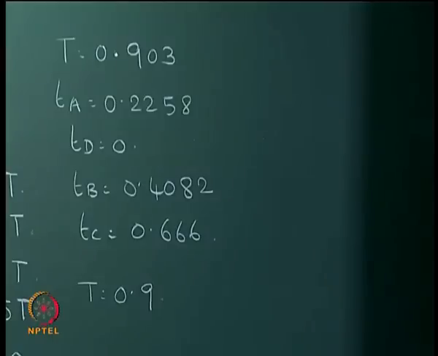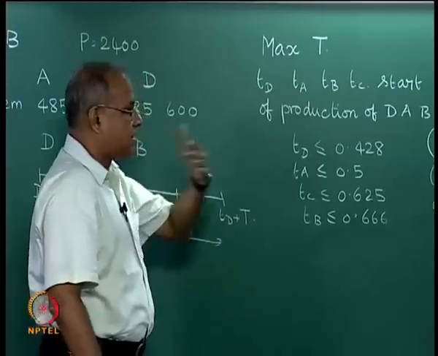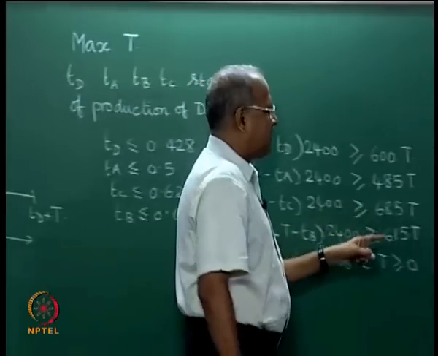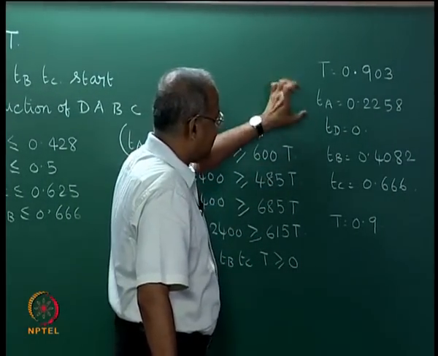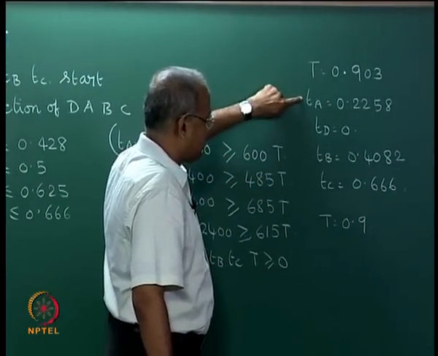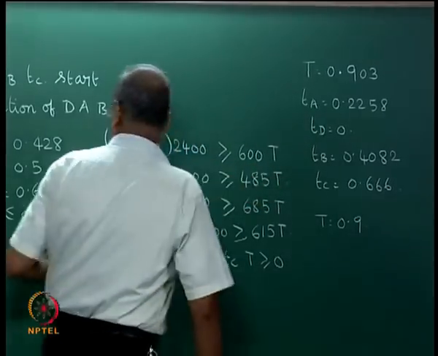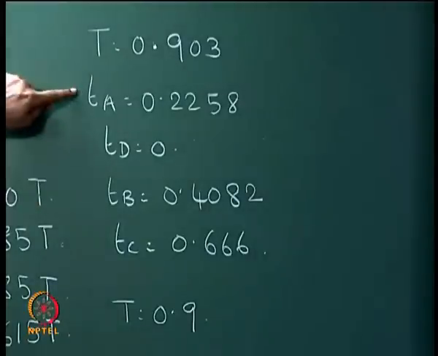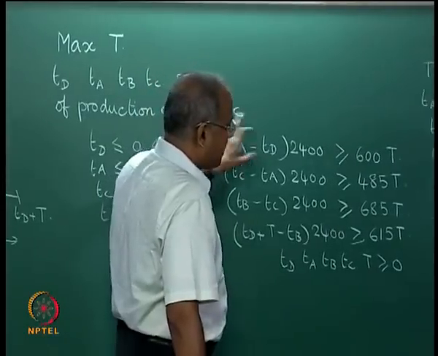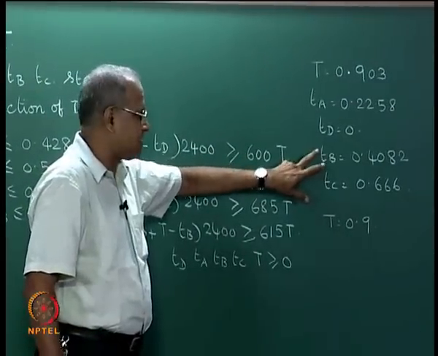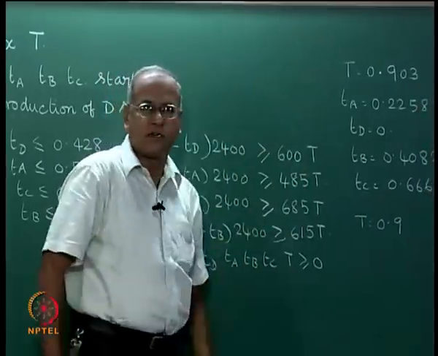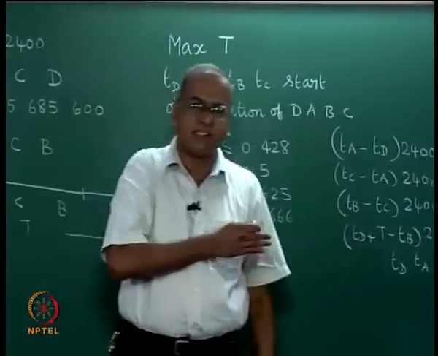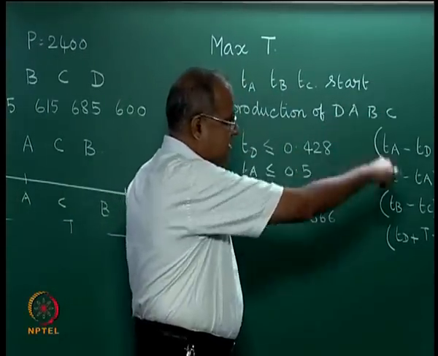So, in these 0.9 months we will start producing D for a period of 0.2258, then we will start producing A, which is between this, and then we start producing B, which is the time period between this, and then the next production of D will start at time equal to 0.9. So, we will implement the first cycle by doing this way.